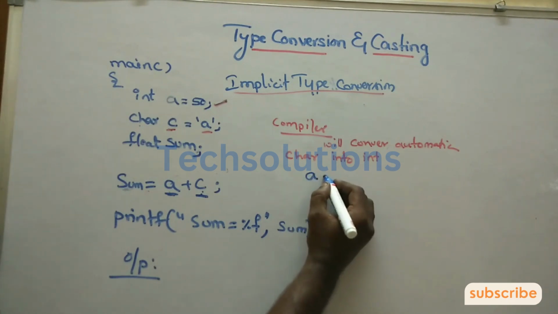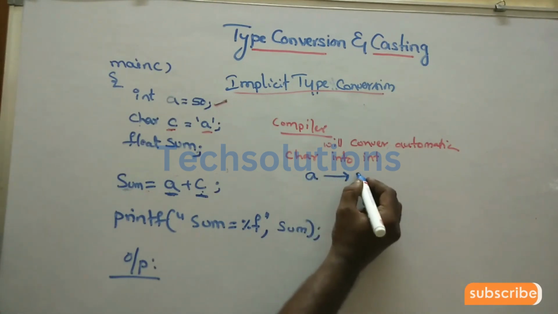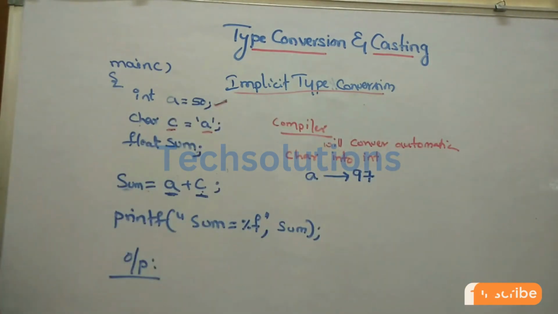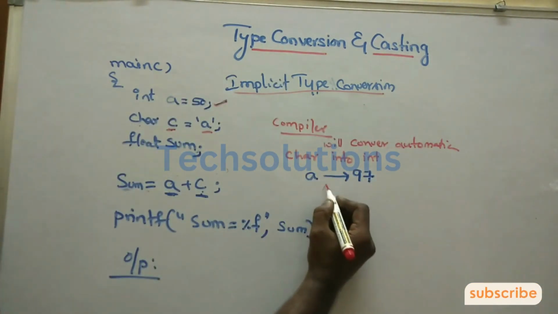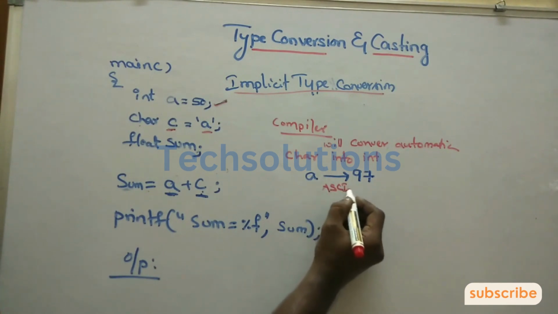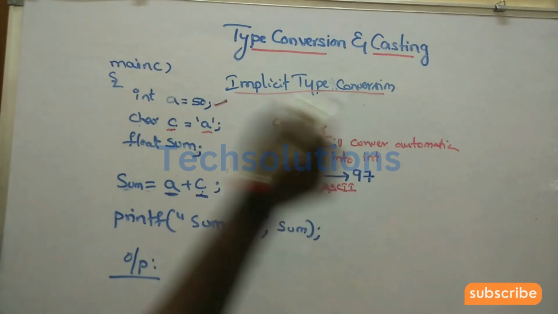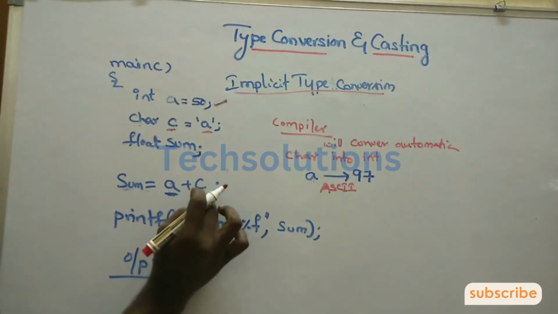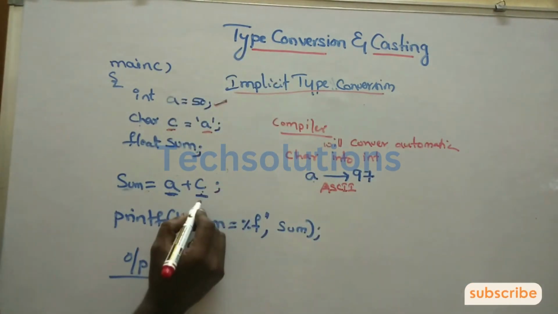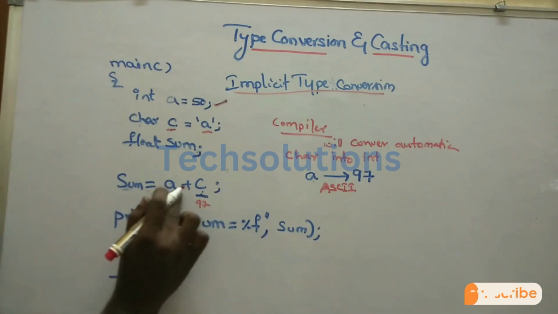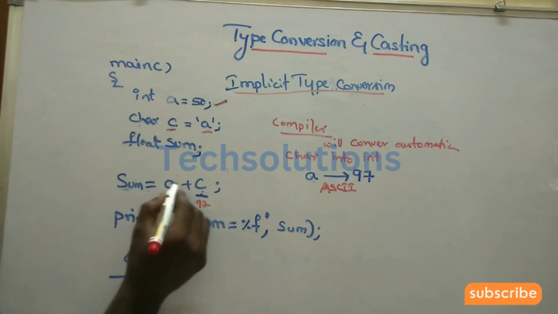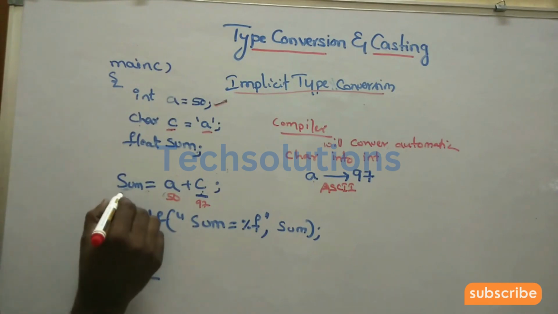Now what is the integer value? 97, because we know the ASCII conversions. By using the ASCII conversions, the equivalent value for small a is 97. Like that it will be converted. Now the value of c is 97, and the value of a is 50.